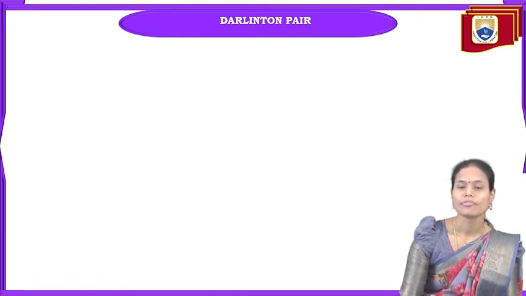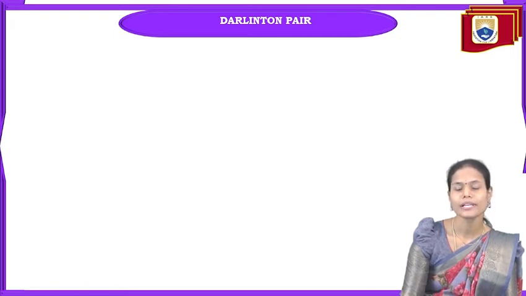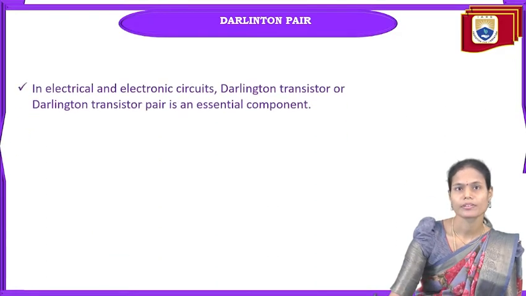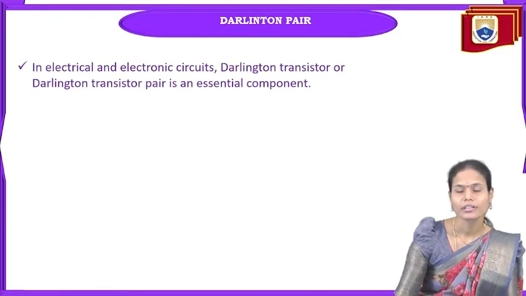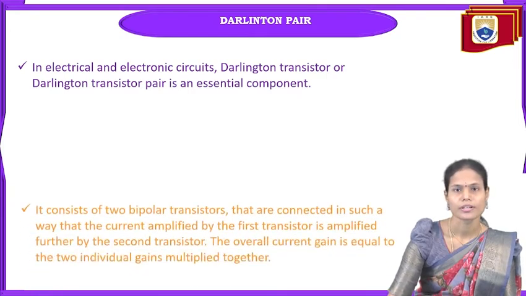But if you want to improve the current gain and input impedance further, then we can move for the Darlington pair. In the case of the Darlington pair, we interconnect two similar types of bipolar junction transistors.